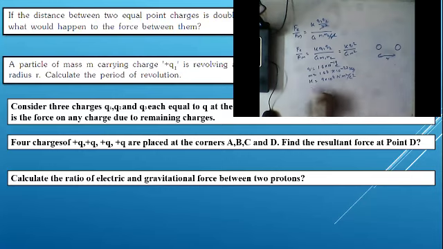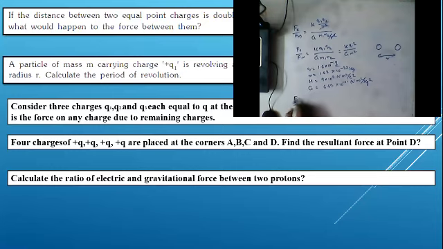And the G value is what, guys? 6.67 into 10 power minus 11, with units Newton meter square by kg square. So all the values we required, we got.